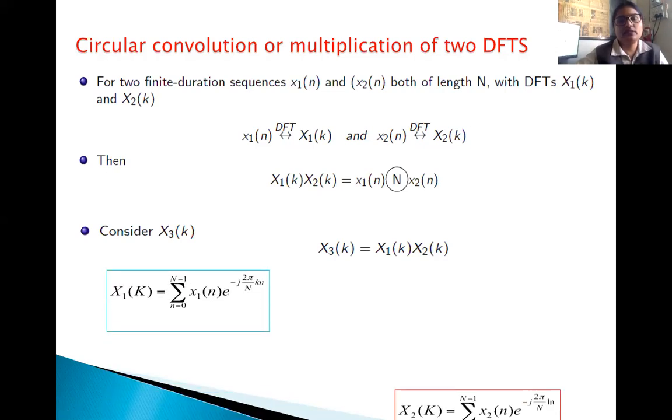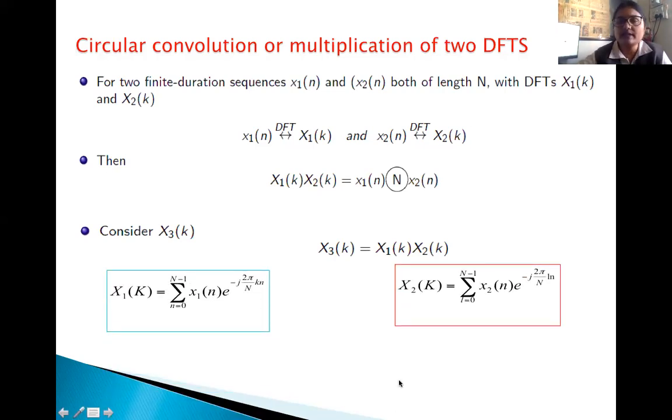Similarly, we will write the DFT of the second sequence. The second sequence is x2 of n, and its output DFT value will be x2 of k. So x2 of k is equal to summation. Here we have already taken the n variable, so another variable is taken, that is L. The L index varies from 0 to N minus 1.